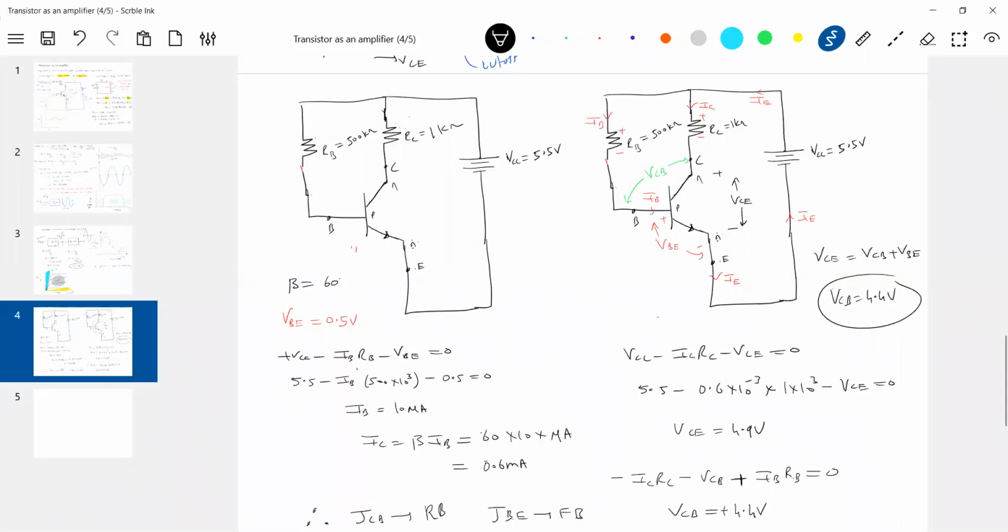Okay, I think these are the alternatives we have now. Is the base junction reverse bias or not? I think nothing to do with that. Are you able to get the idea of KVL? Voice is breaking again, sir.